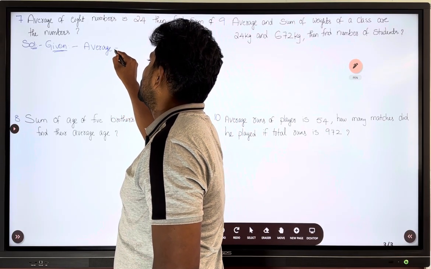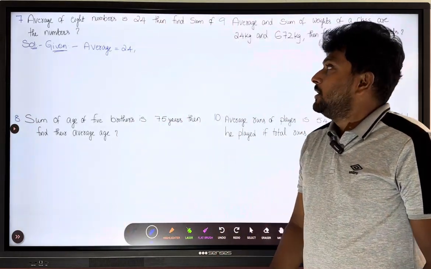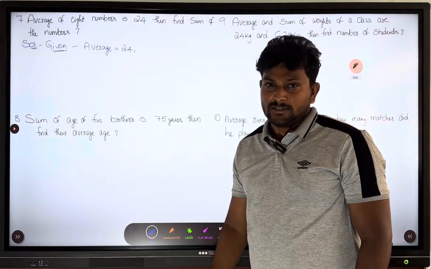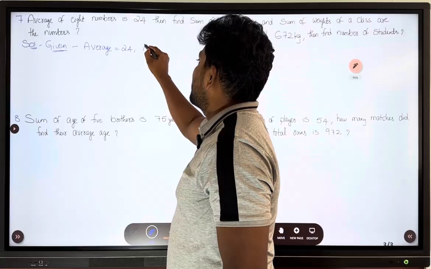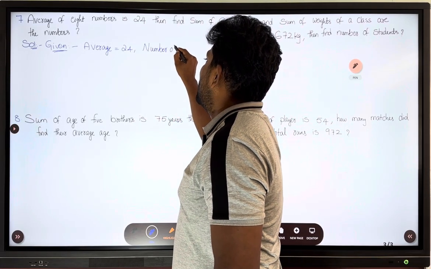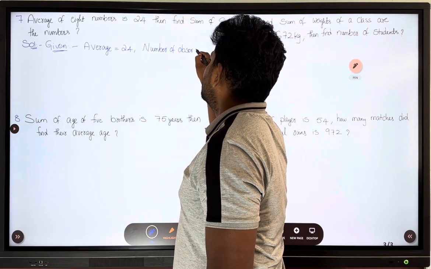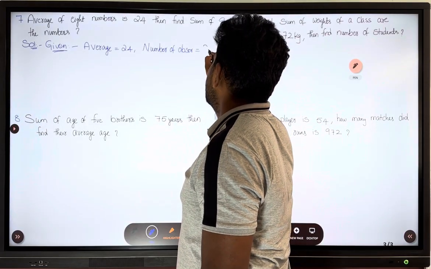Average equals 24. They have said 8 numbers, so the number of numbers is 8. Number of observations, sorry, 8. The number of observations is 8.